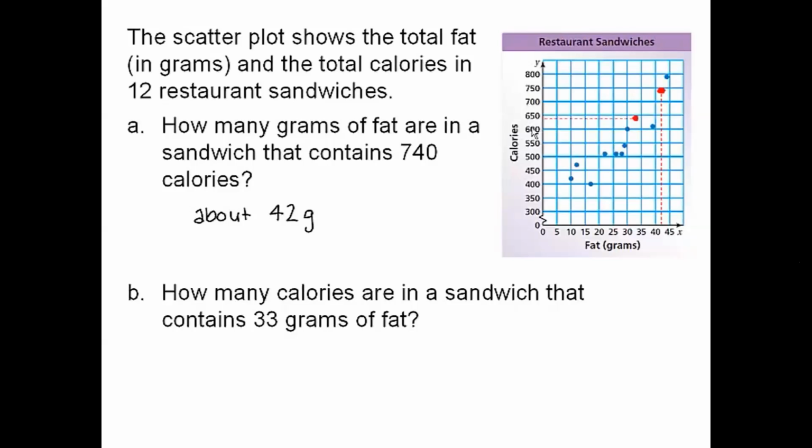This shows that the number of calories is between 600 and 650, but it's pretty close to 650. So again, we'll have to estimate. So we can say that there are about 640 calories in a sandwich that contains 33 grams of fat.